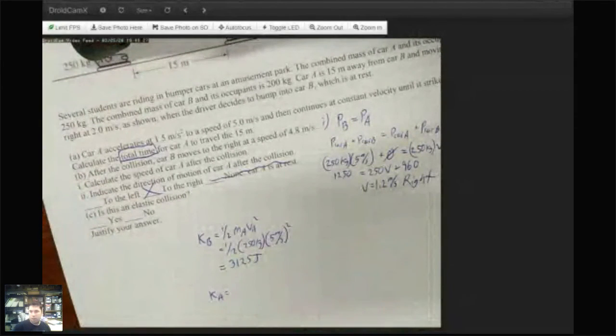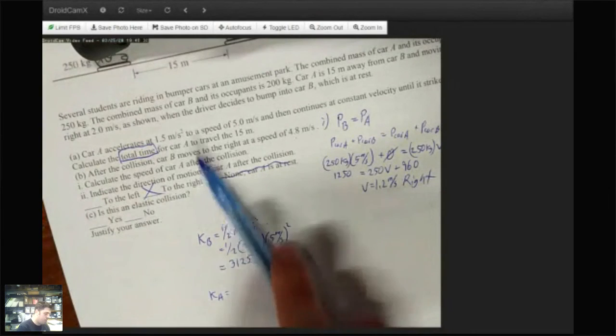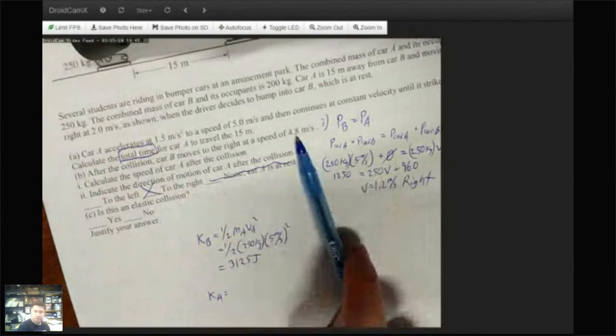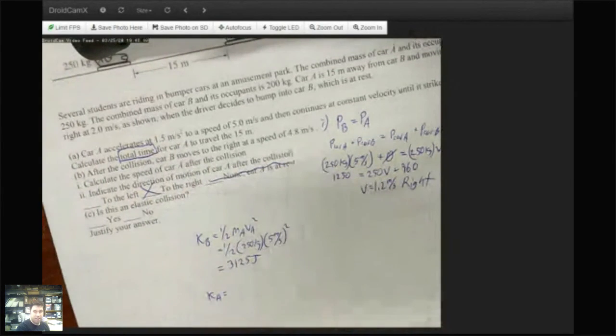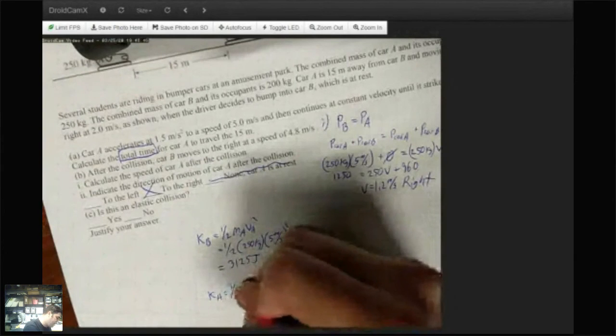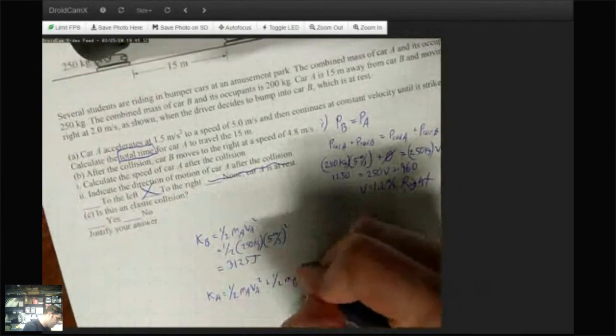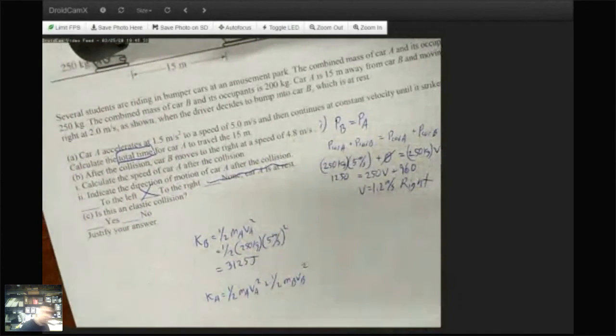Kinetic energy afterwards, well, afterwards, I now have two different objects. I've got car A moving at 1.2 meters per second and car B moving at 4.8 meters per second. So I have to do the kinetic energy for both of those and then add them together. So 1/2 m_A v_A squared plus 1/2 m_B v_B squared, two separate objects.